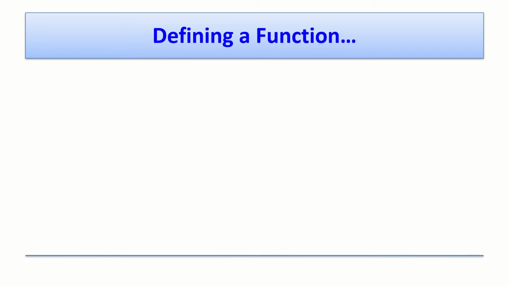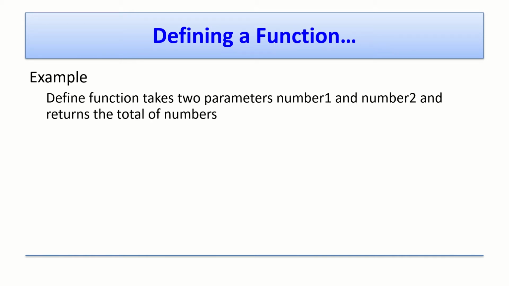Let's see how to define a function. We know the syntax for defining functions. This is an example of a user-defined function. Here we are going to define a function which takes two parameters, number1 and number2, and returns the total of those numbers.